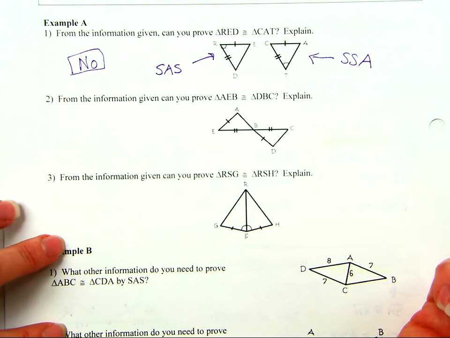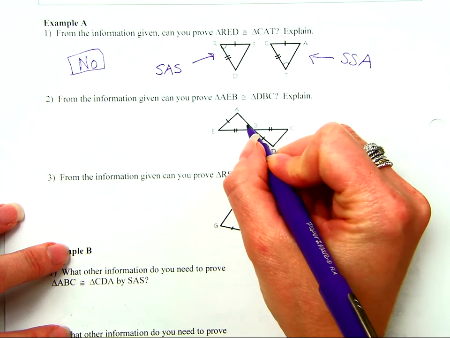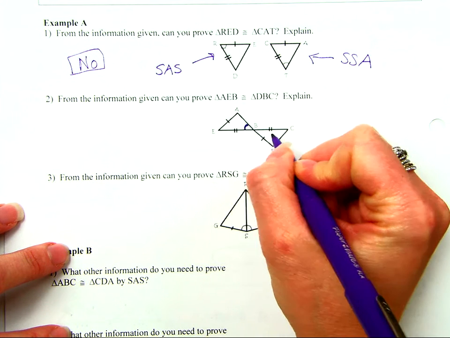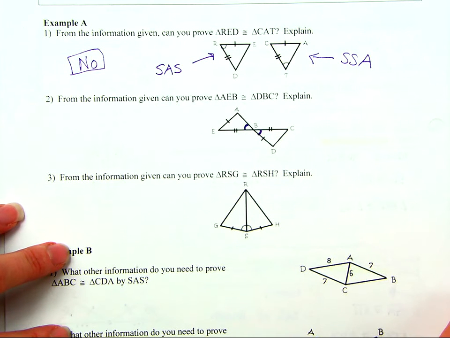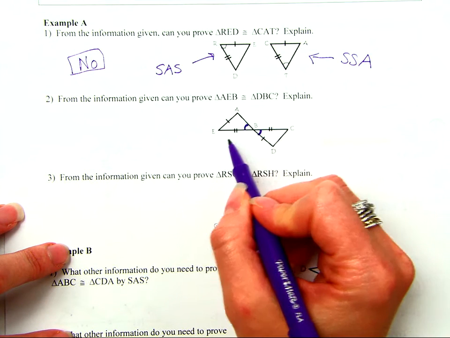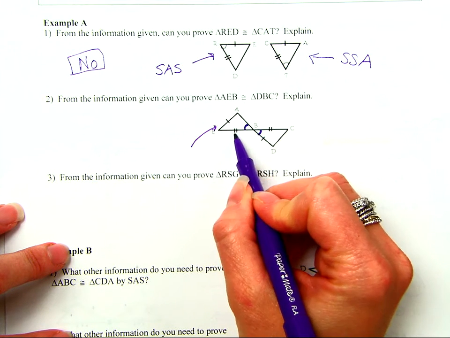I will say, though, there are some vertical angles in that diagram. So I would be able to mark angle ABE and angle CBD congruent because they are vertical angles. But again, when I look at the markings of my triangles, this triangle shows me side, side, angle.